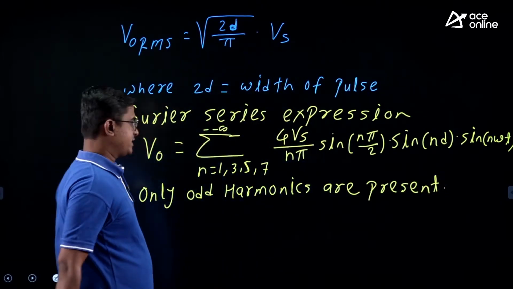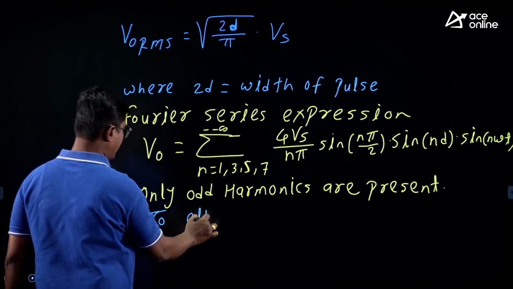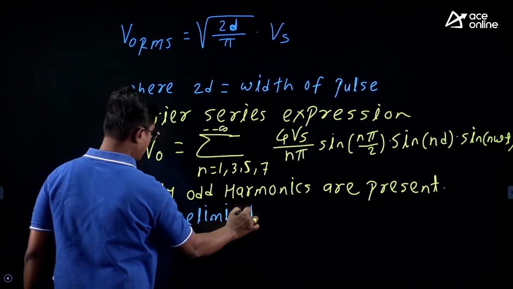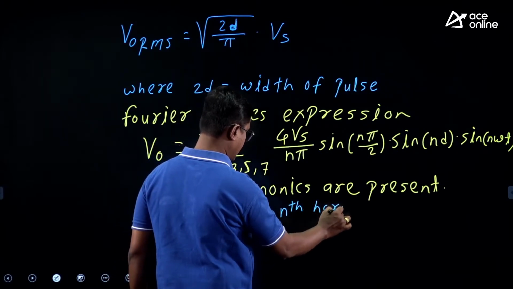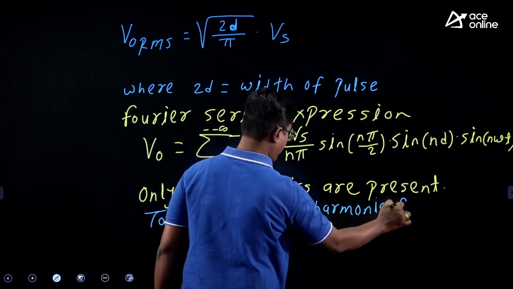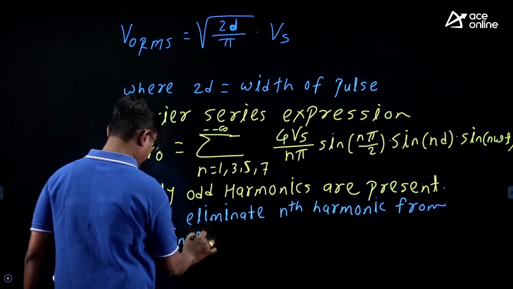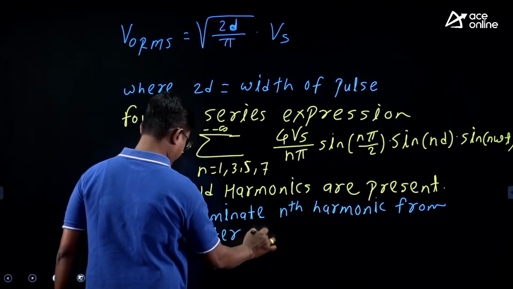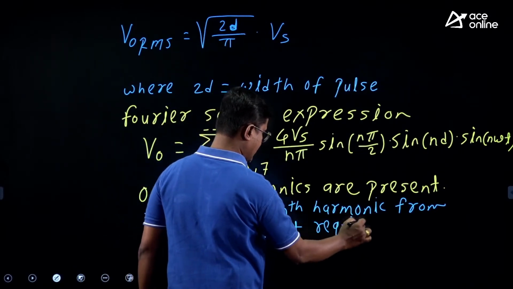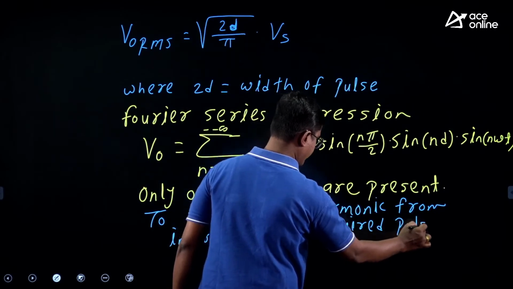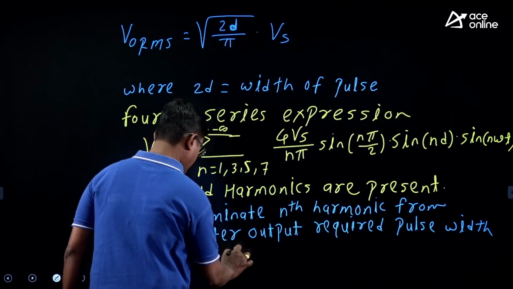Right. Next, to eliminate, means remove, the nth harmonic from the inverter output, the required pulse width is equal to 2 pi by n.